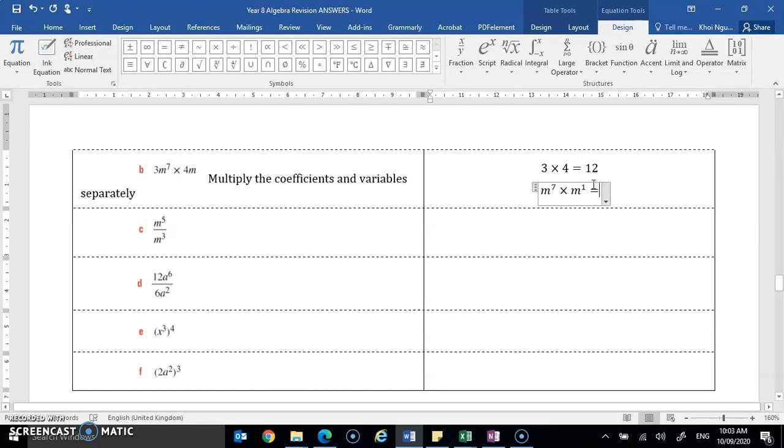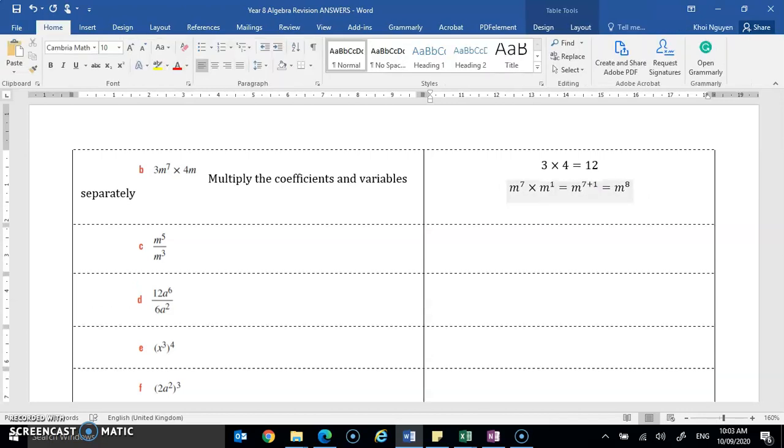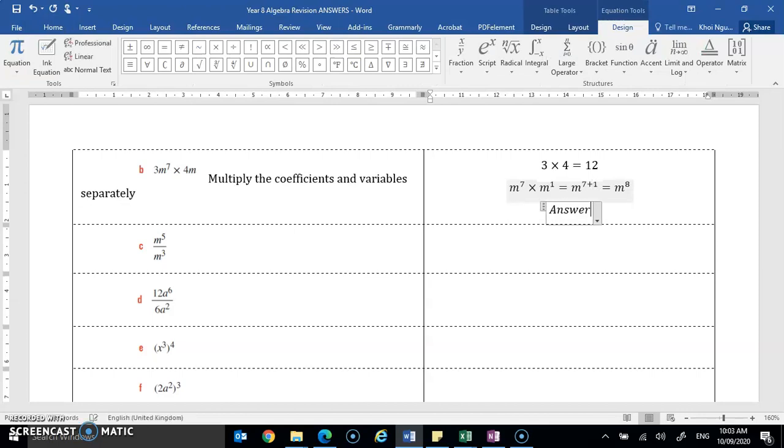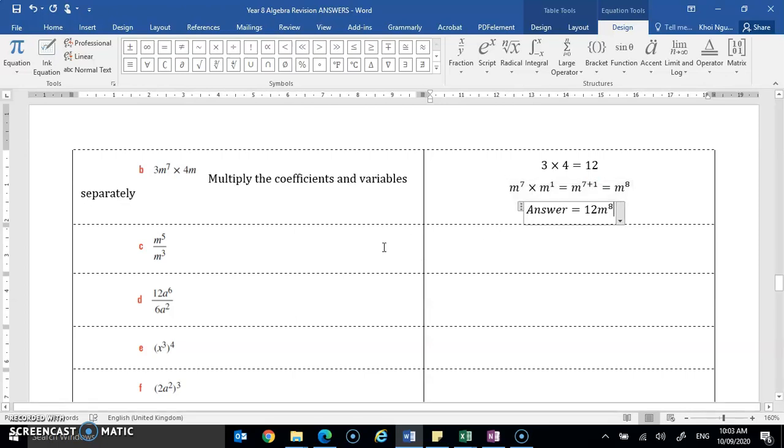So using the index law that we learned before, we keep the base and add the powers. So here we have 7 plus 1, which is 8. So our answer is m to the power of 8. Now put everything together. Our answer is 12 m to the power of 8. Easy.